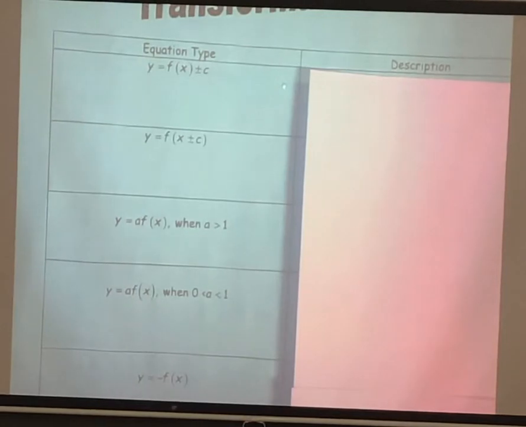Did anybody notice on Roman numeral page 2, if you looked at your parent functions and looked at the changes as we added a number, what occurred to your graph? Somebody give us your conclusion that you noticed there on page 2.